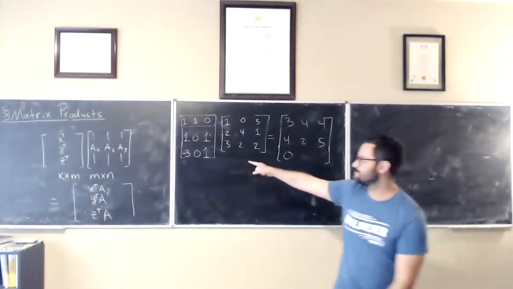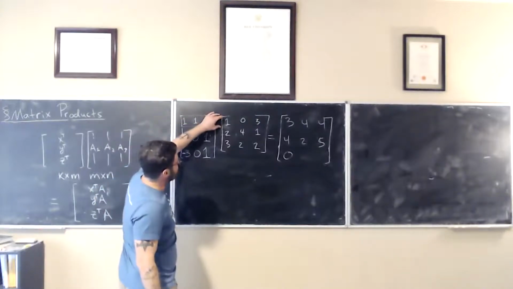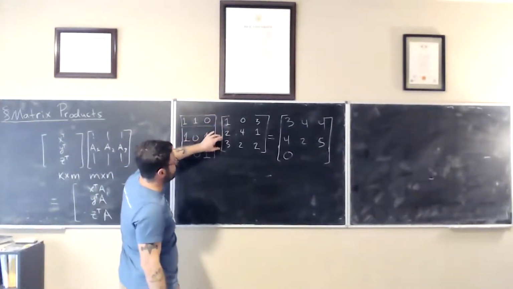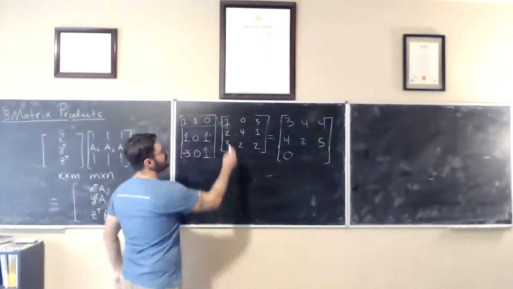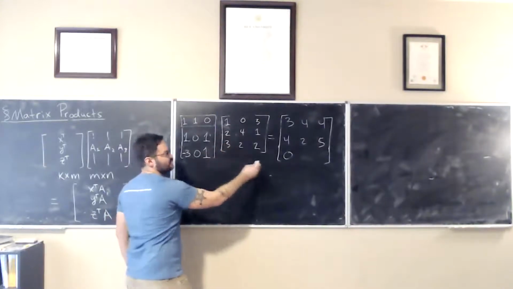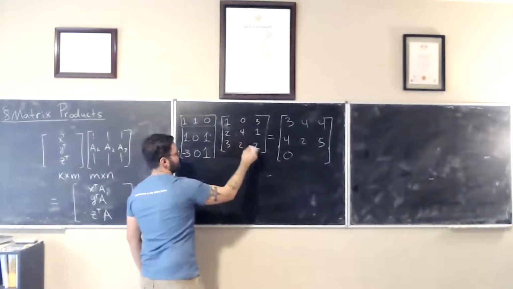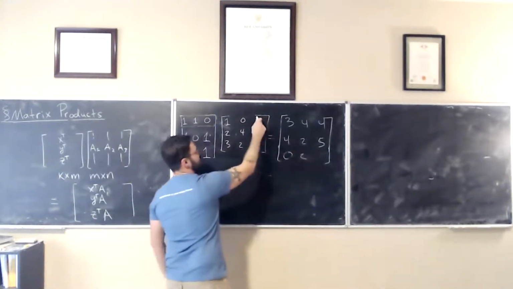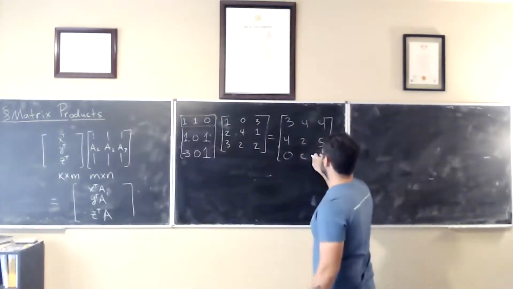What's that going to do? It's going to take -3 of this row, 0 of this row, and 1 of this row, and add them together. What's going to happen? What's -3 times that 1? It's -3. Added with 0, added with 3, it'll give you 0. -3 times that, plus that, it's just 2. -3 times that, plus that, is -7.